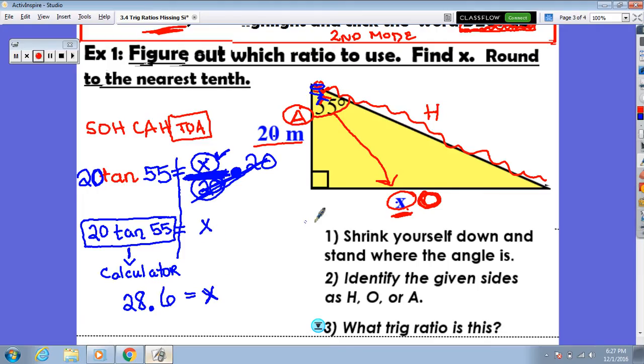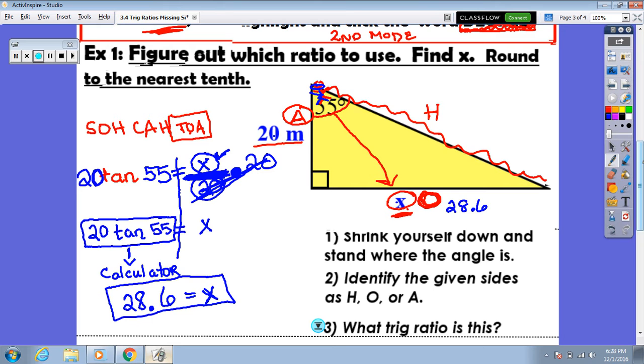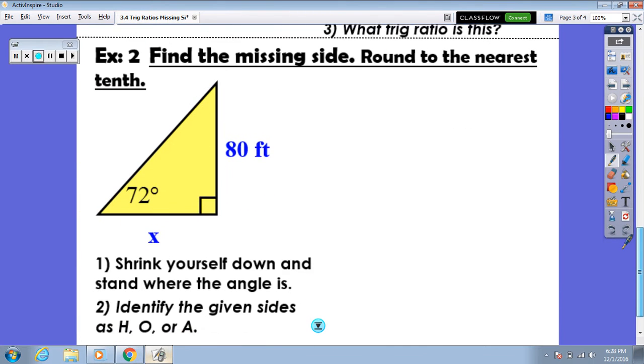So the length of the opposite side here would be 28.6 and we're done. Now notice we could not use Pythagorean's theorem in this picture because we were not given two sides. We were only given one. So that's when I know I have to use my trig in order to get that answer. Okay? That's it. Let's go down to our next example.